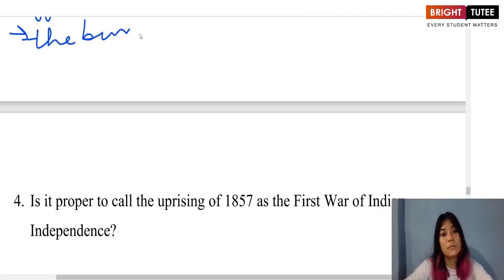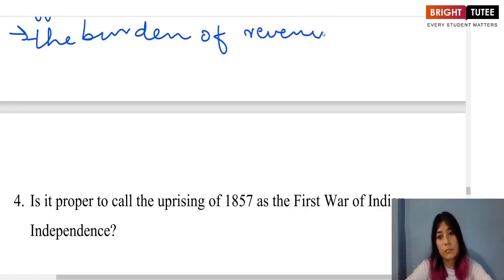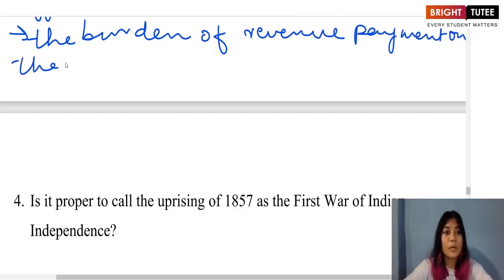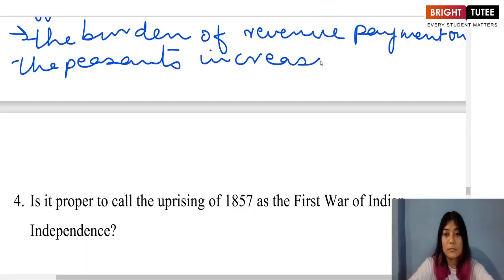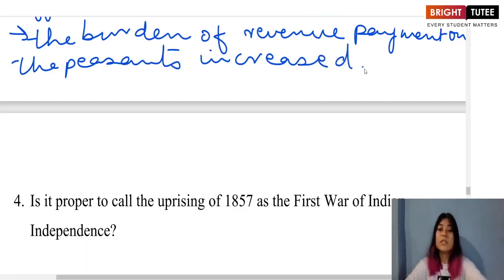The burden of revenue payment on the peasants increased. So these were the reasons which led the talukdars, zamindars, and the peasants to join the revolt.